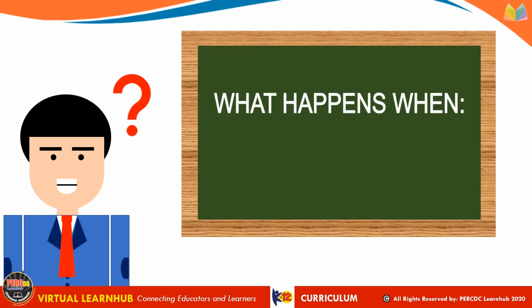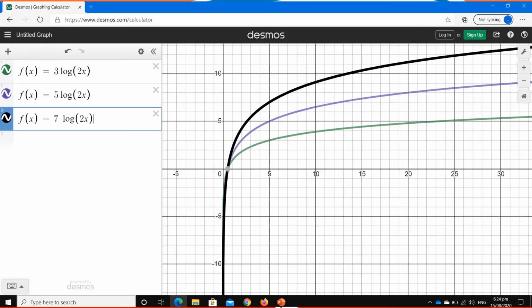Now let's see what will happen when a is greater than 0 and when a is less than 0. We already know that our value of a determines the stretch of our function. In this example, we have f of x equals 3 log of 2x.